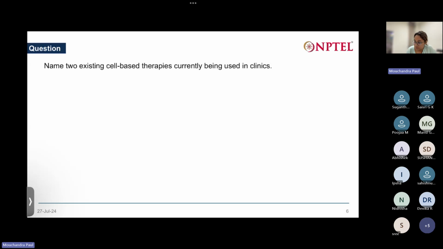Let me give you some hints in order to understand this question. What do you mean by cell-based therapy? Cellular therapy, anyone? Any idea? What do you mean by cell-based therapies?